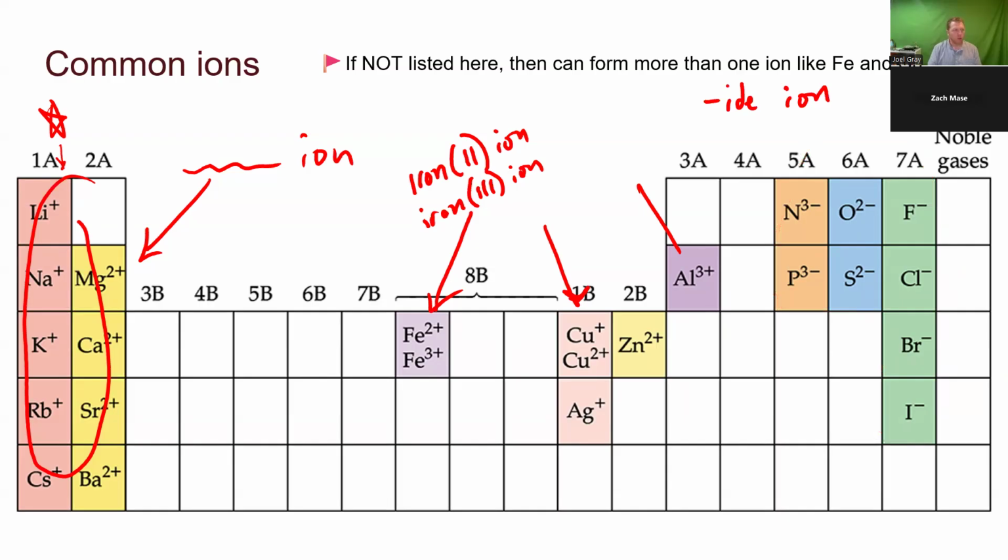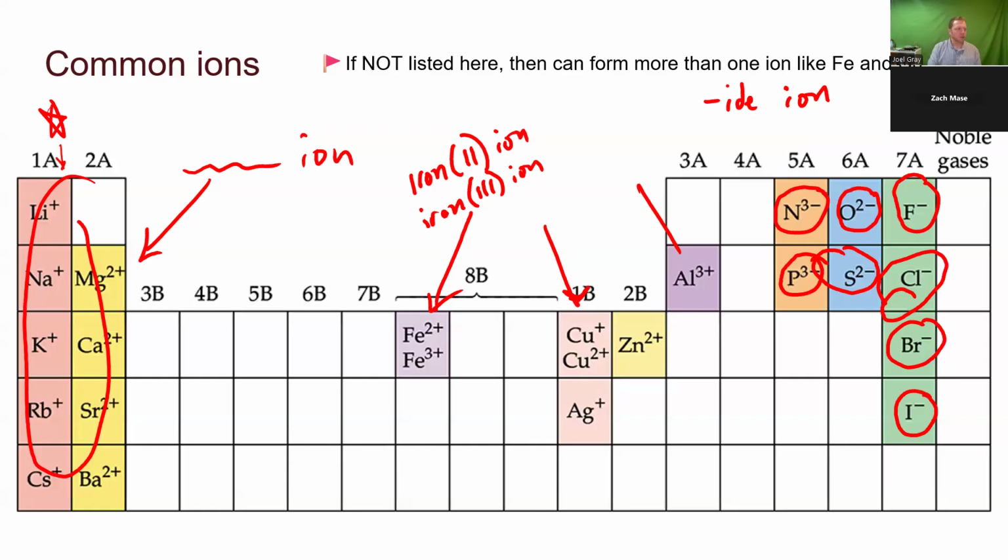Now, just so you guys have this as a record, and so I can recognize that I said it aloud, this is the nitride ion. This is the oxide ion, fluoride ion, chloride ion, sulfide ion, phosphide ion, bromide ion, and iodide ion.